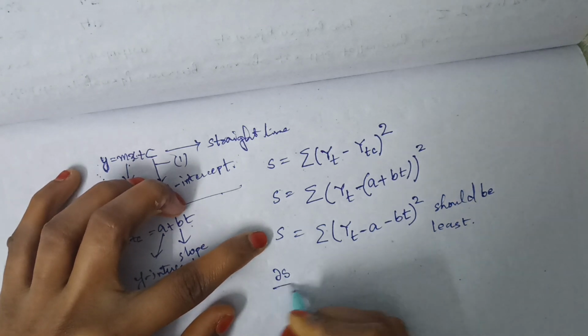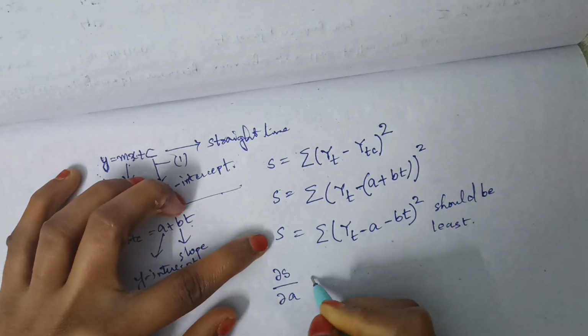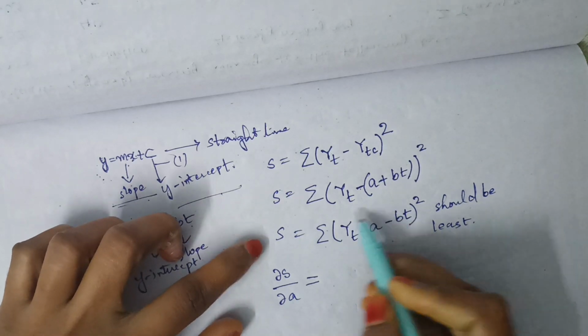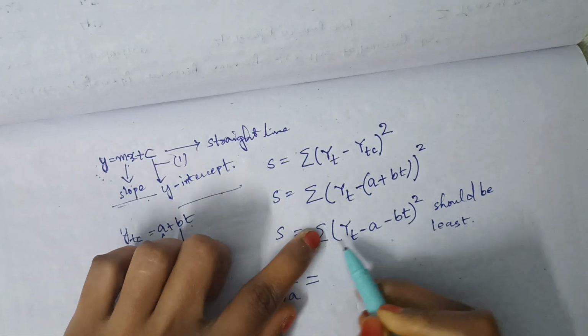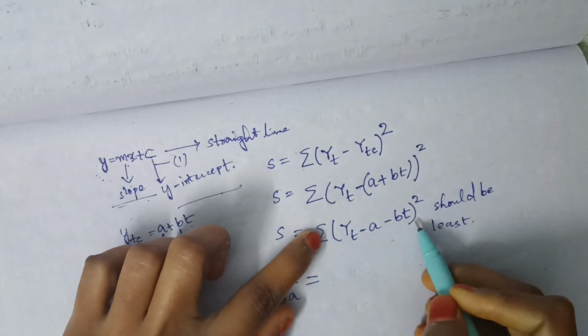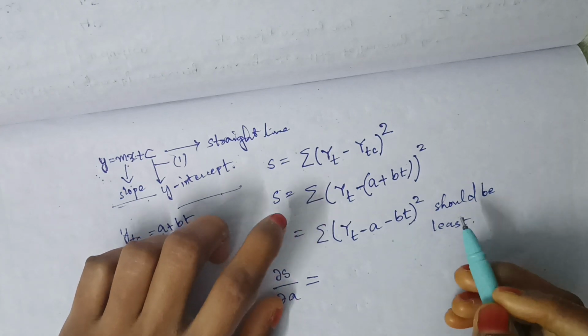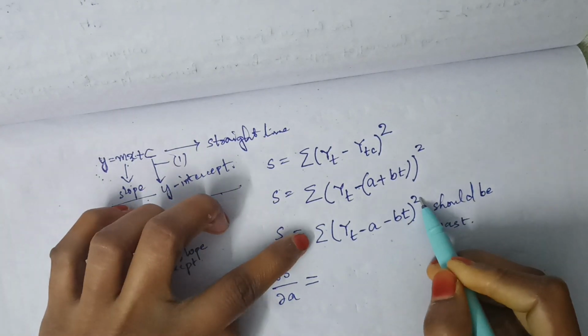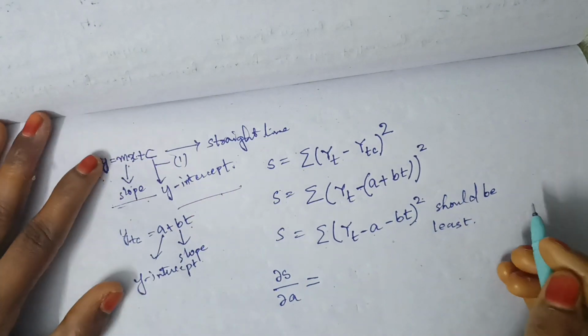So dou S by dou a is equal to, if you consider this total summation (yt minus a minus bt) as x, what is the differentiation of x to the power of n? n into x to the power of n minus 1.